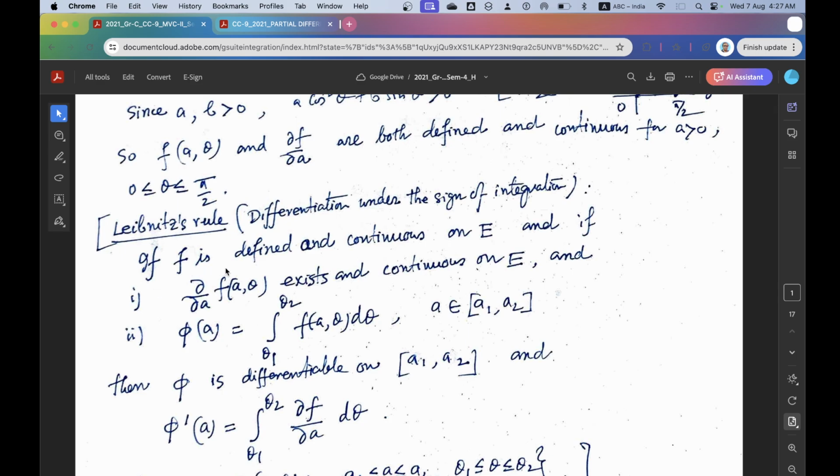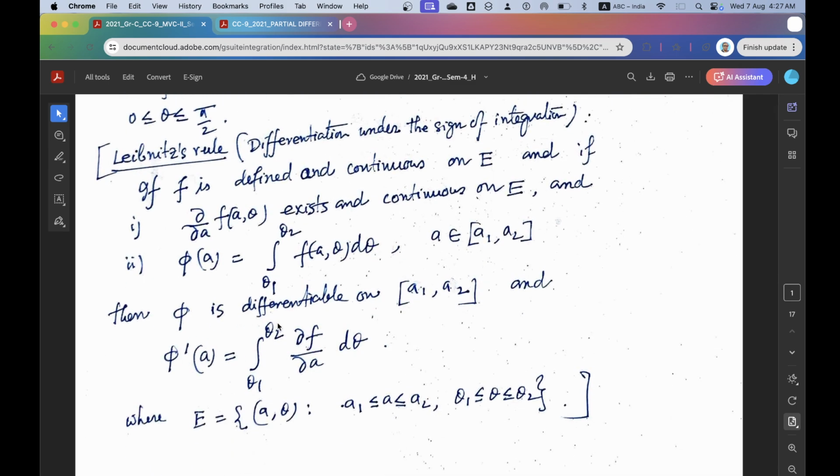If f is defined and continuous on this region E, and if del f by del a exists and is continuous on E, and phi(a) equals the integration from theta 1 to theta 2 of f(a, theta) d theta, a belonging to the closed interval a1 to a2, then phi is differentiable on this closed interval a1 to a2, and phi dash of a equals the integration from theta 1 to theta 2 of del f by del a d theta.